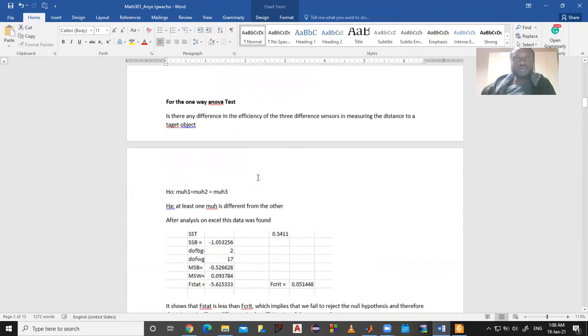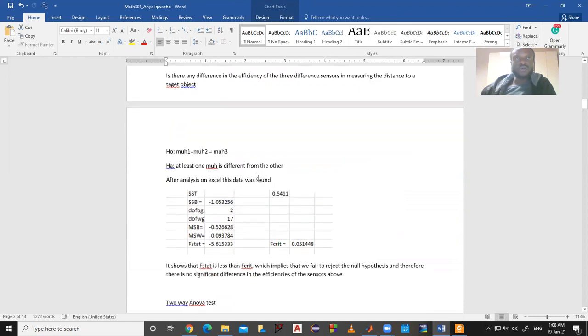that compares the efficiency of the three different sensors. My null hypothesis states that the means are the same, while the alternate hypothesis states that at least one mean is different.